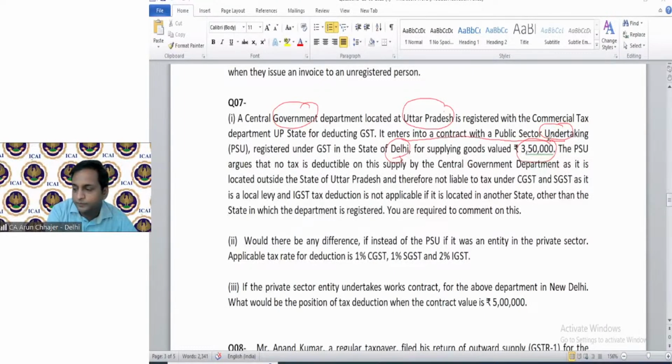The PSU argues that no tax is deductible on this supply by the central government because it is located outside the state of Uttar Pradesh.